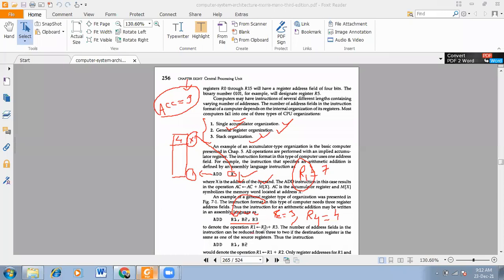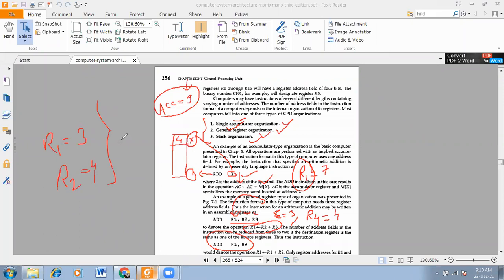So see, here they have written add R1, R2, R3. That means this is the operation: R1 plus R2, the result is stored at R1. Also, you can use add R1, R2. What does this mean? Here R1, R2 means suppose R1 has 3, R2 has 4.